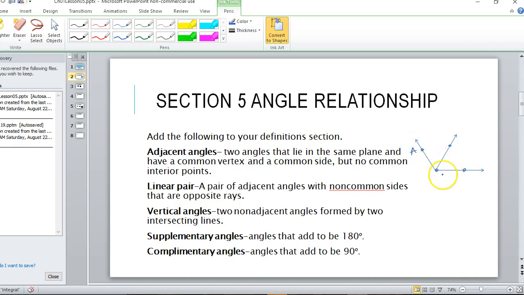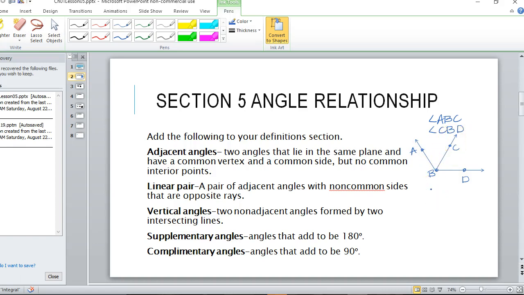So I have angle ABC and angle CBD. These two angles, angle ABC, remember vertex right in the middle, and angle CBD, are adjacent angles. They share ray BC as a side.